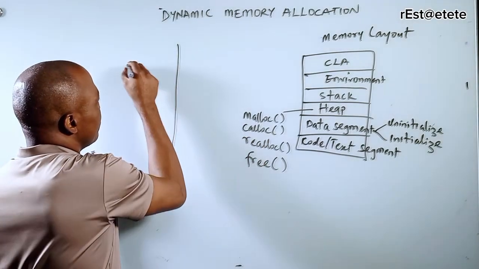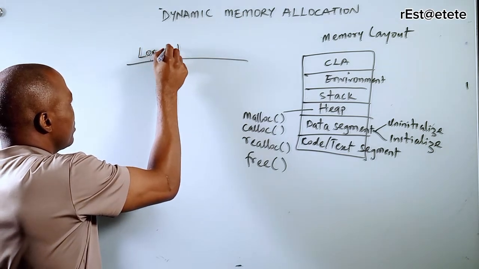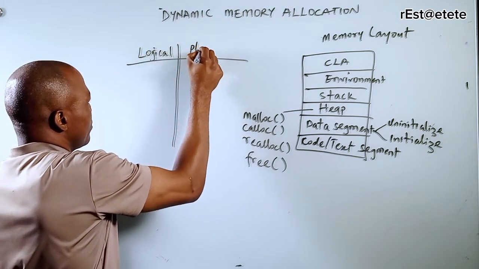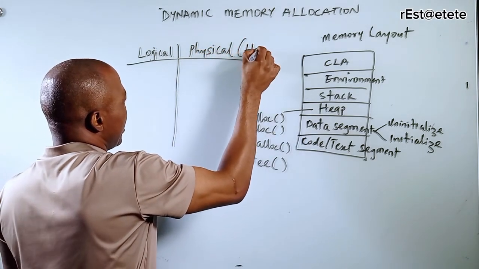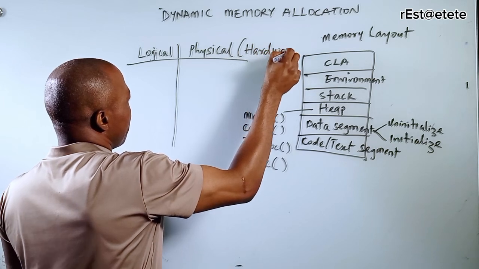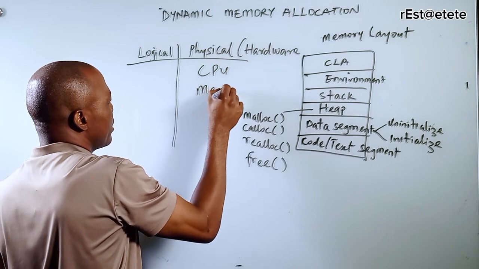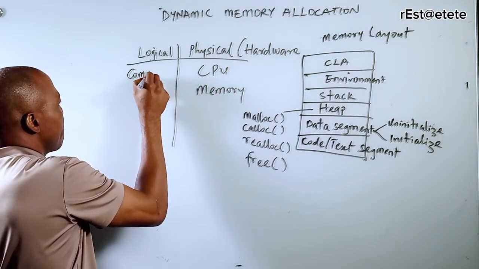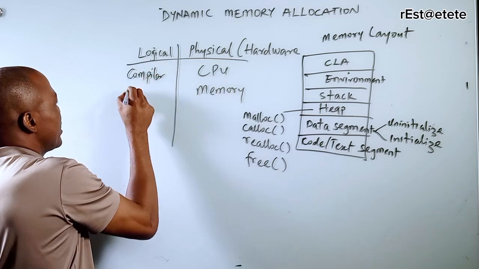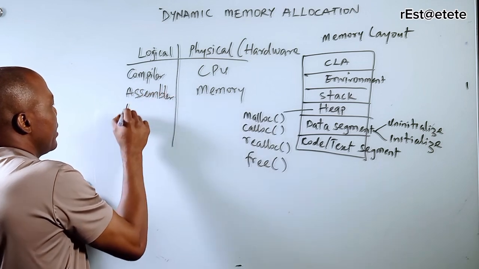I did this. So your program is logical and physical. This part is the hardware: the CPU, the memory. And on this part, the compiler, the assembler, the linker.